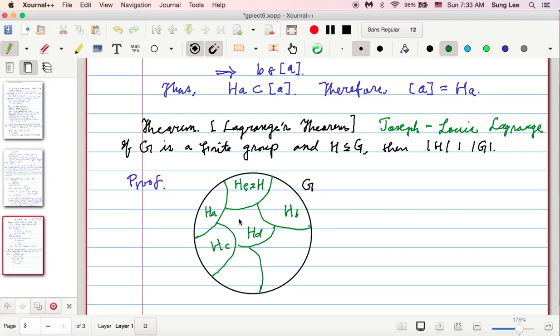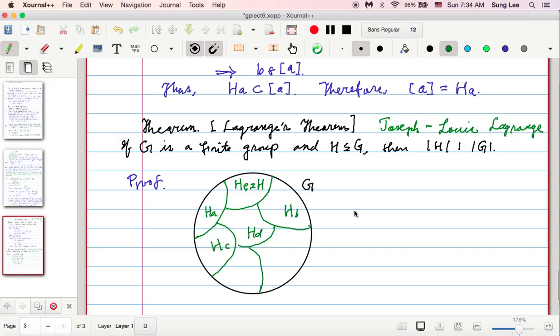So cosets form a partition of the group G.